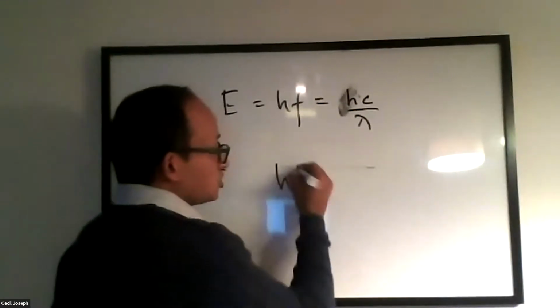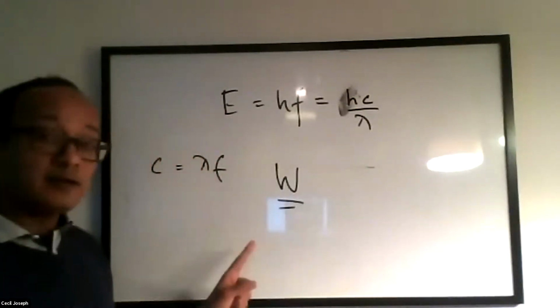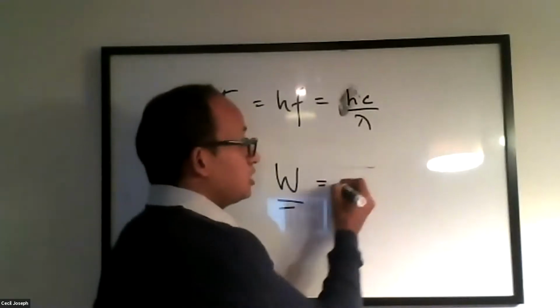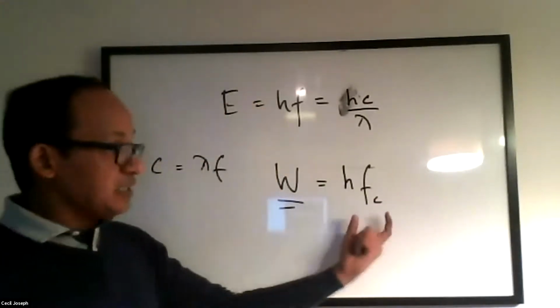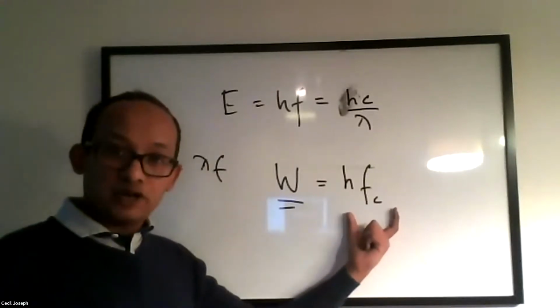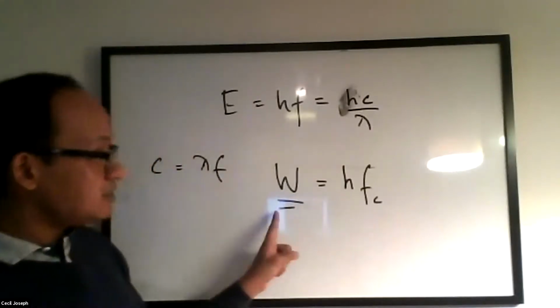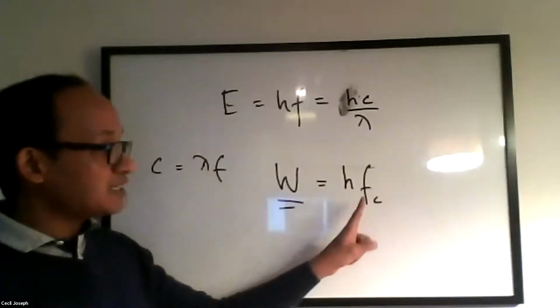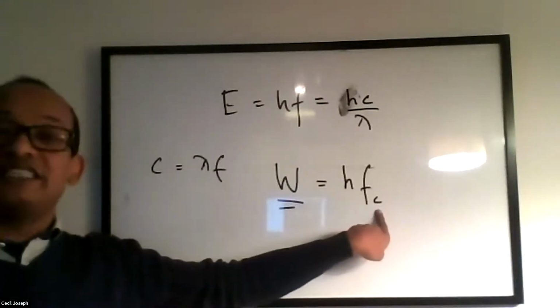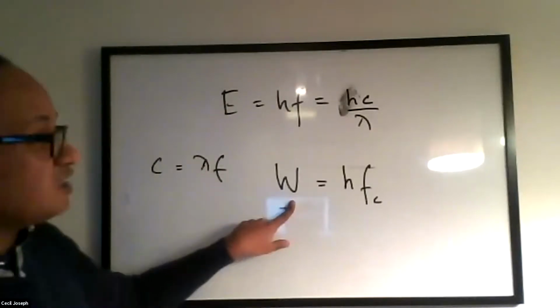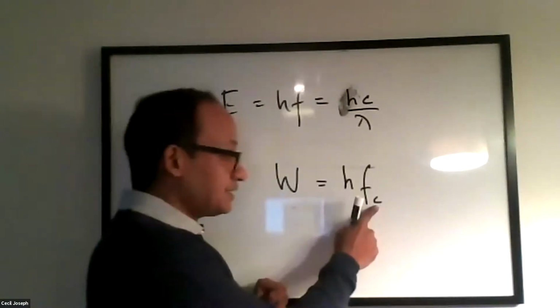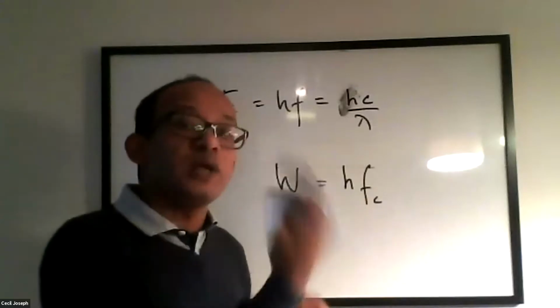The work function is the amount of energy required to eject a single electron. So if this is the cutoff frequency, the minimum energy required by the photon is the work function. So the photon must have a cutoff frequency fc, related to the work function this way. Any photon with frequency less than this won't eject, more than this will eject.